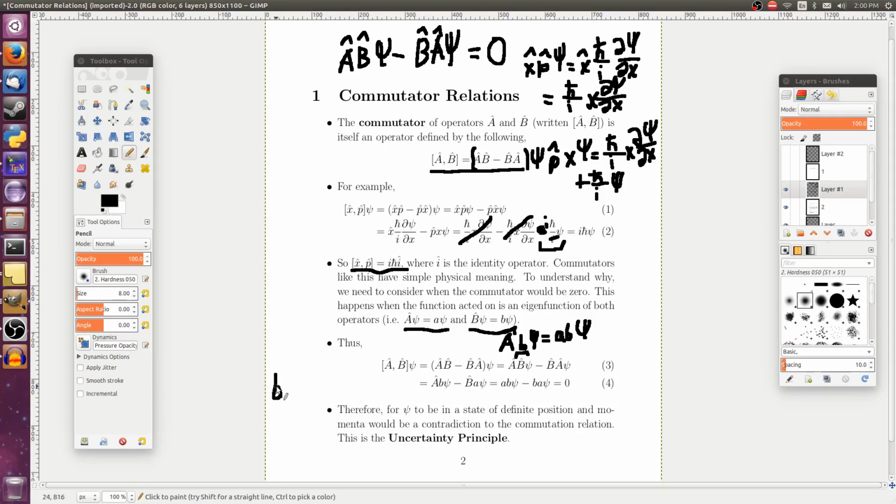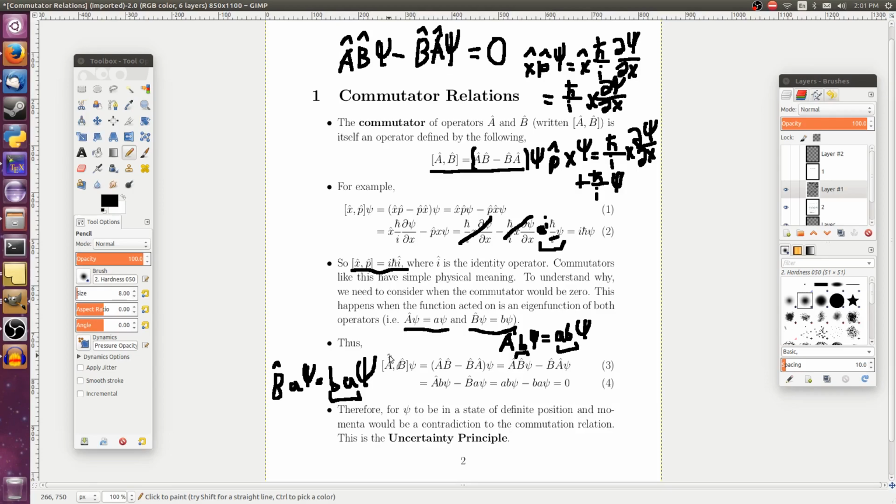So B hat acting on A psi, well, that gives me B A psi. And since these are actual numbers, when I subtract the two, it's going to be 0. So it turns out the commutator is going to be 0 whenever the function you're dealing with is an eigenfunction of both the operators.